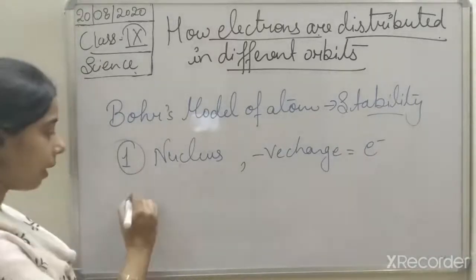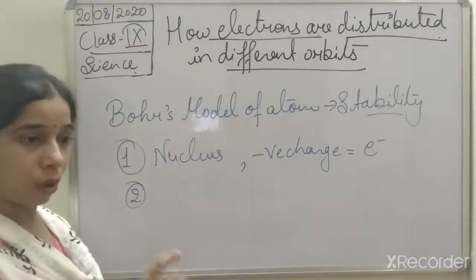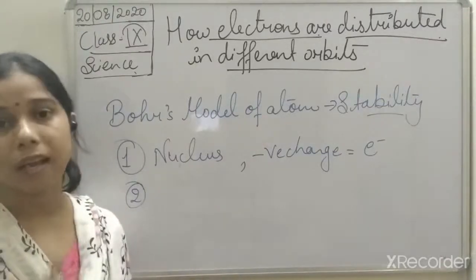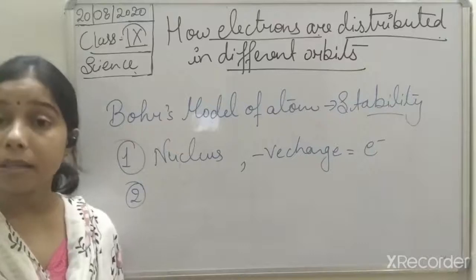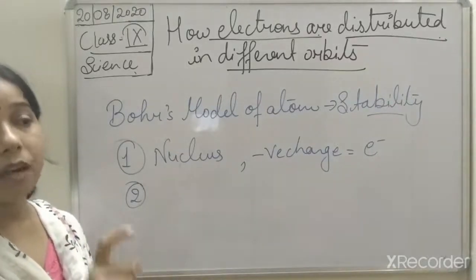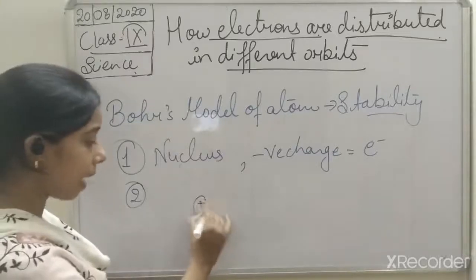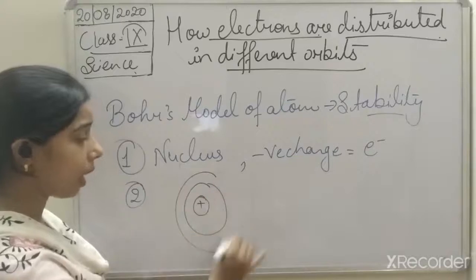The second thing he explained is that these electrons revolve around the nucleus, but they always revolve in orbits. It means we can say that the nucleus has different orbits around it.